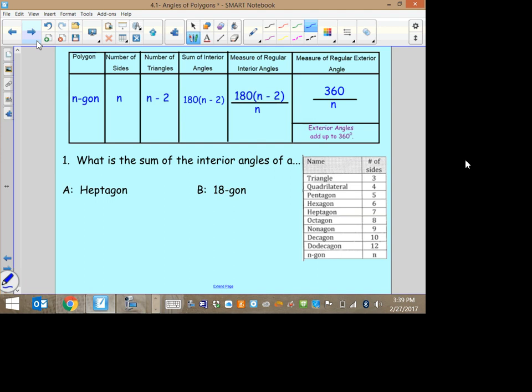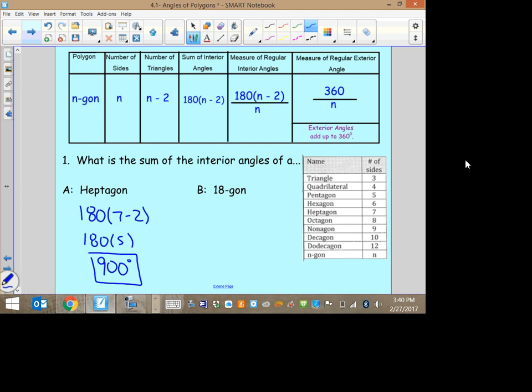So using those formulas and what we know, the sum of the interior angles of a heptagon is what? So a heptagon has 7 sides, so we're going to take 180 times 7 minus 2. So we get 180 times 5, and we get 900 degrees. Why don't you try B?